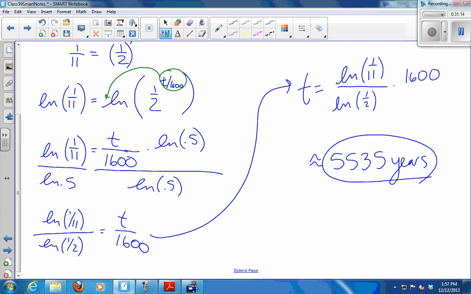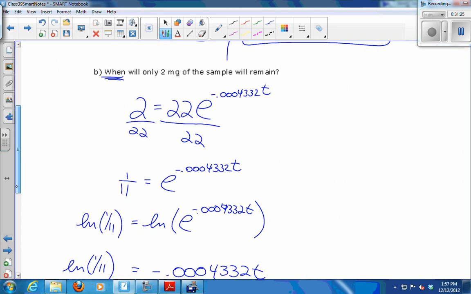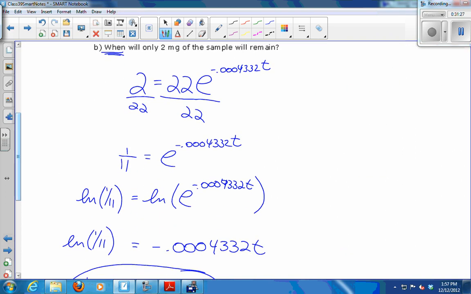Other questions? Yep. Was slightly different. That's true. That is because when I solved it this way, this 0.00043332, I rounded this. Right?